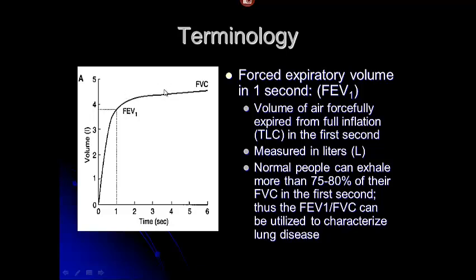You could also measure a ratio or percentage 25 to 75, and then up to the end. Normal people, again, would do 80 to 100. I know here it says 75 to 80%, but I want you to remember 80 to 100 of their forced vital capacity. So the ratio is also important to be able to analyze restrictive versus obstructive.